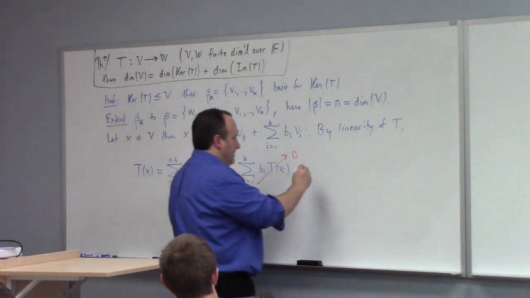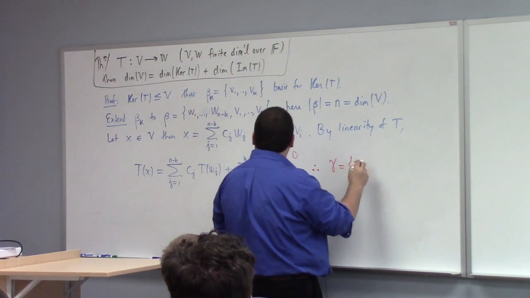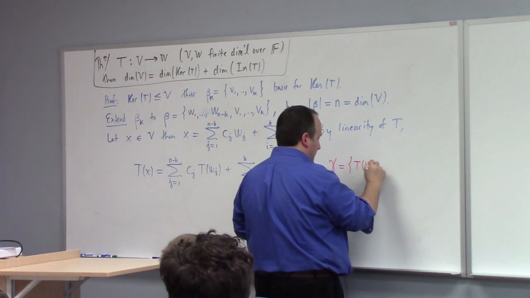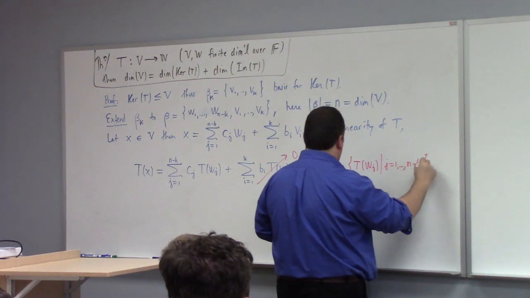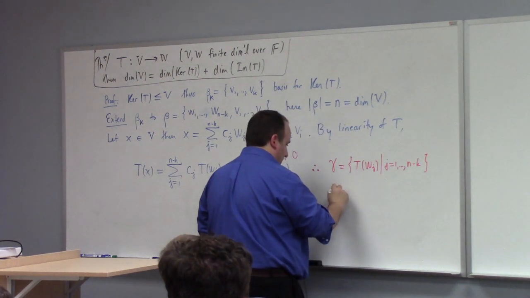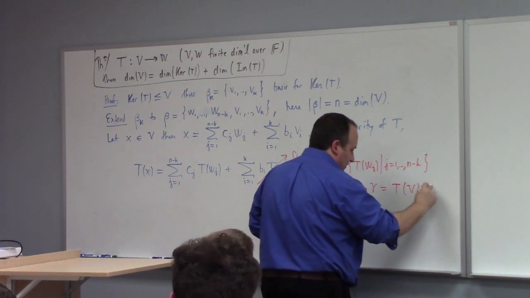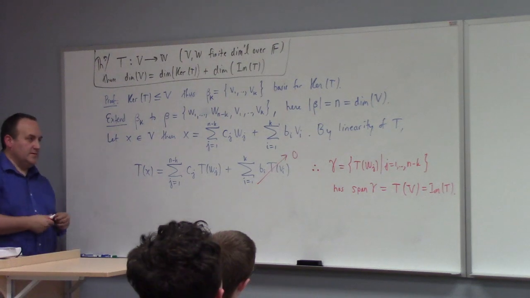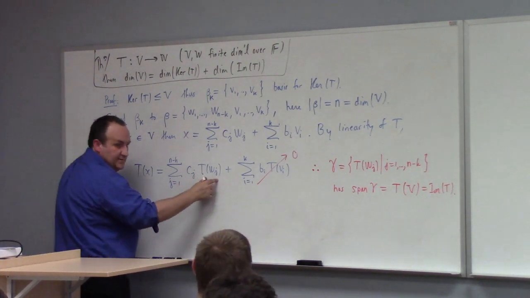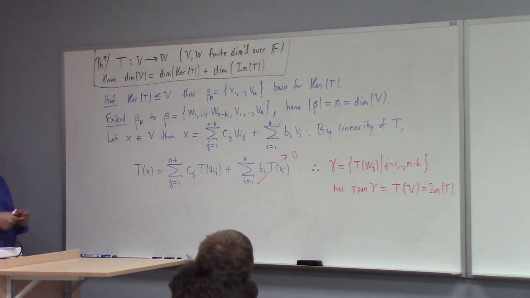Therefore, let's say gamma equal to T of wj such that j equals 1 to n minus k has the span of gamma equal to T of V, also known as the image of T, right? Thus, the set of these guys can build any output vector for T, right? It is a spanning set for the image.